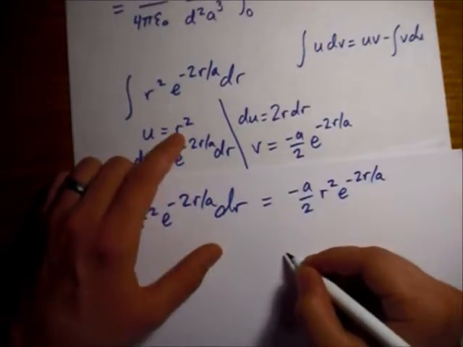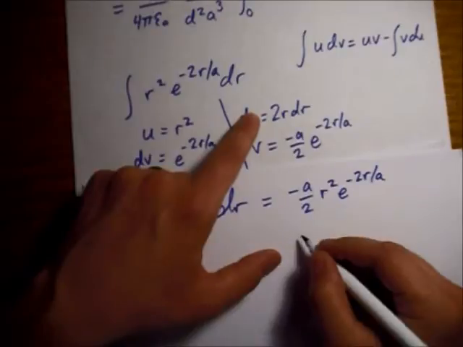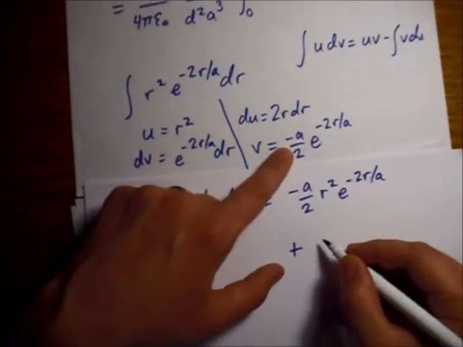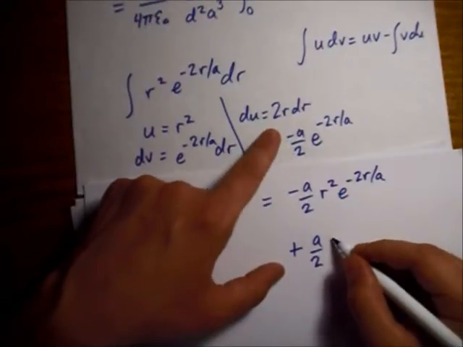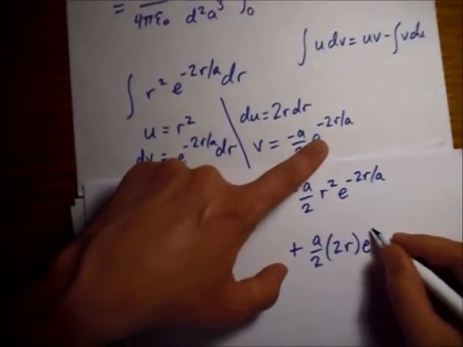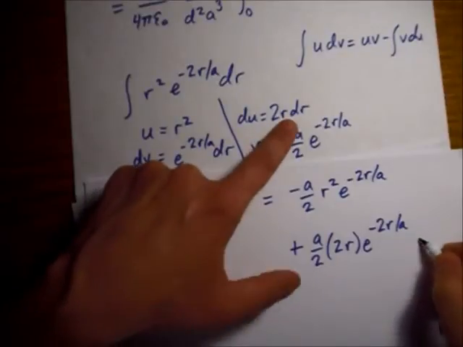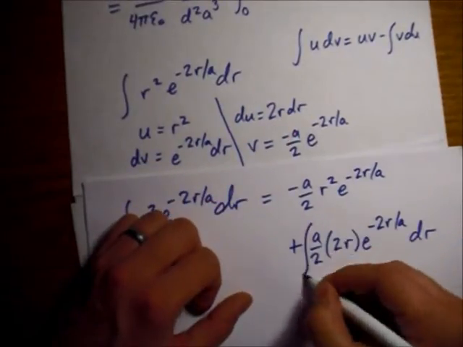And then we have a minus v du, so there's this minus sign that gives us a plus a over 2, and then we have a 2r, and we have this e to the minus 2r over a, and this is a dr, and this was all an integral.